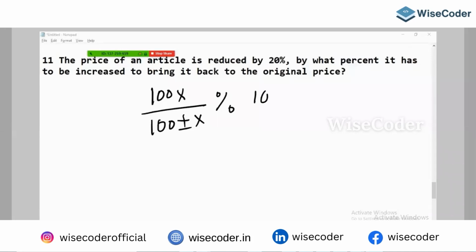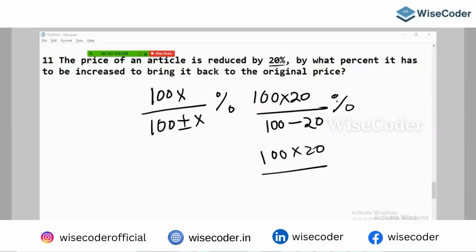So look here, 100 x, where x is the increase or decrease, which is 20. So 100 into 20 by 100 minus 20, that is 100 into 20 by 80. The zeros cancel, 2 fours are 8, so 4 ones are 4, 25s are 25. So the answer for this question is 25%.